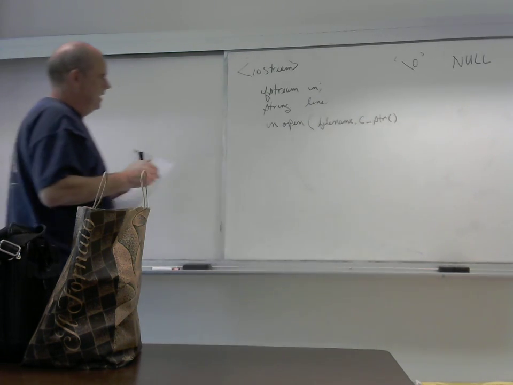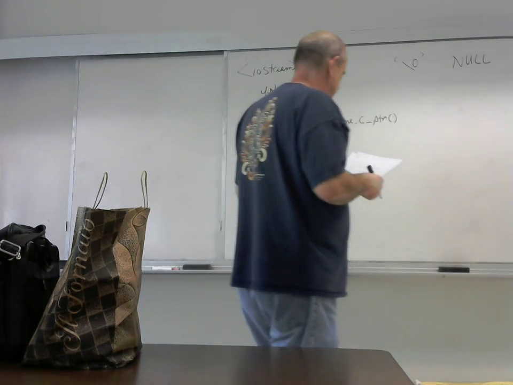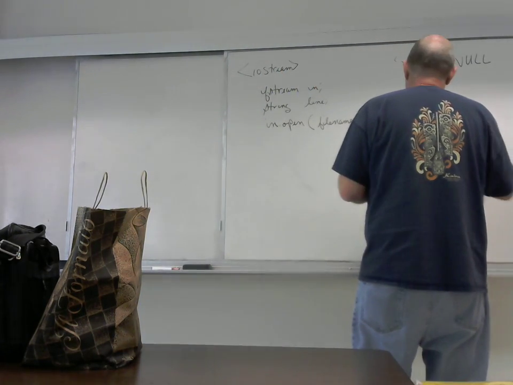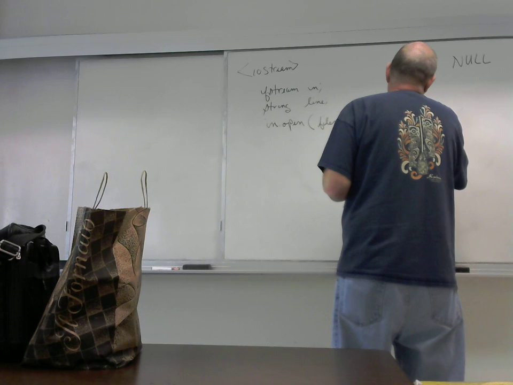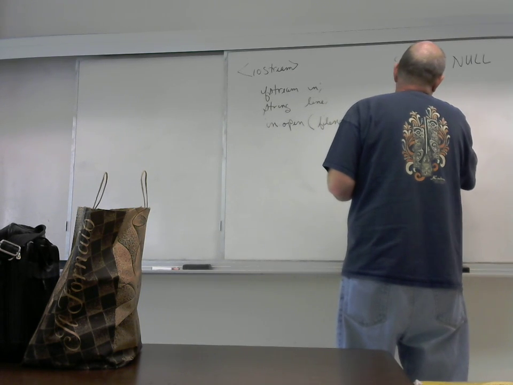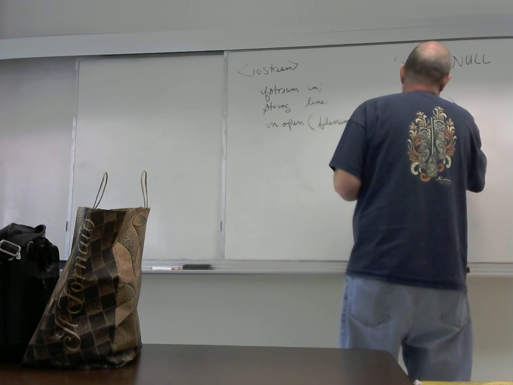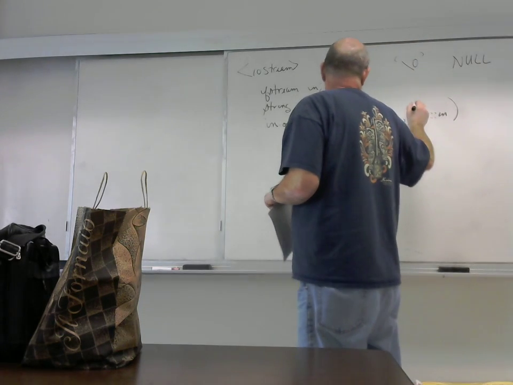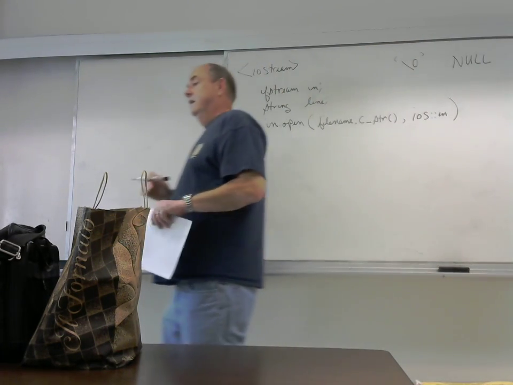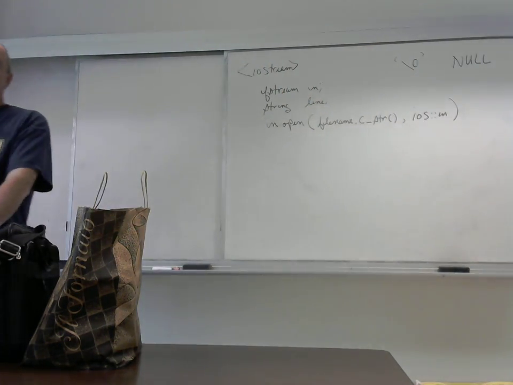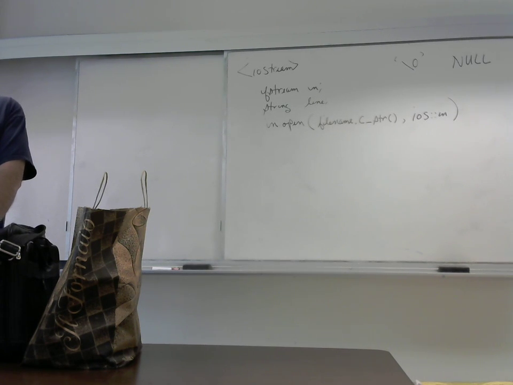So we open this, we pass in the name of the C string, and then a switch. ios, which is the iostream, and then a double colon. The syntax looks funny, you'll get used to it very, very quickly.